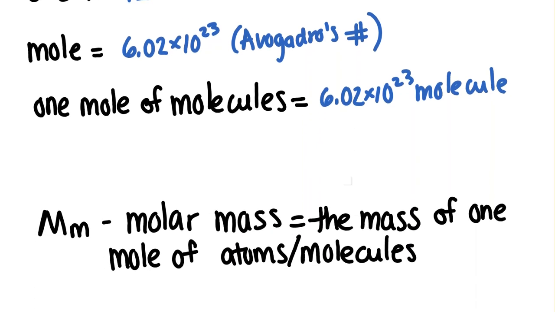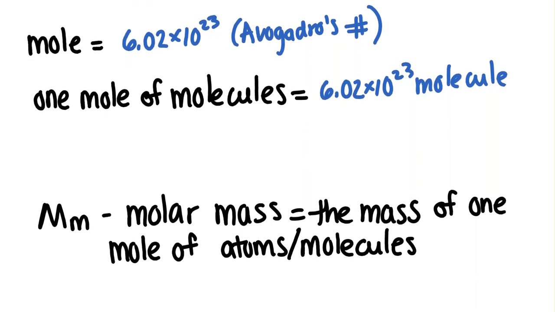Let's connect that to the mass. And molar mass, and this is how we show it, it is the mass associated with a mole of particular atoms or molecules. And like I said, that mass depends on what the molecules or atoms are. Just kind of like when we count 100 dimes, that may have 1 mass versus 100 quarters that has a different mass.